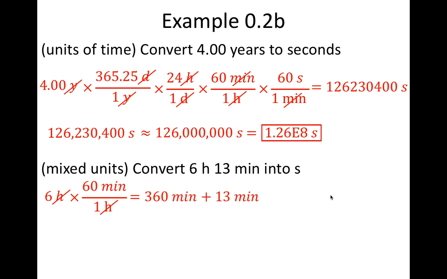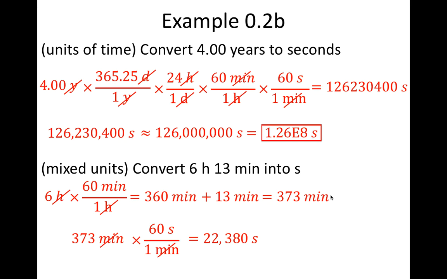Then I can add the additional 13 minutes to find a total of 373 minutes. I can then convert minutes to seconds by multiplying by 60 seconds over a minute to eliminate minutes, giving me my answer, 22,380 seconds, which I should round to the appropriate number of sig figs, which is 22,000 seconds.